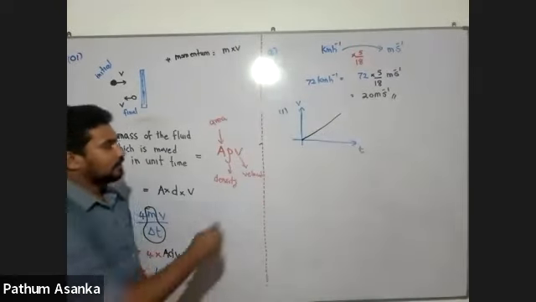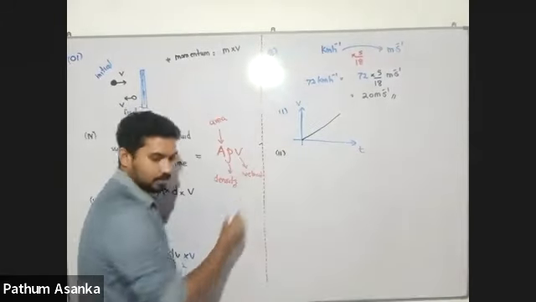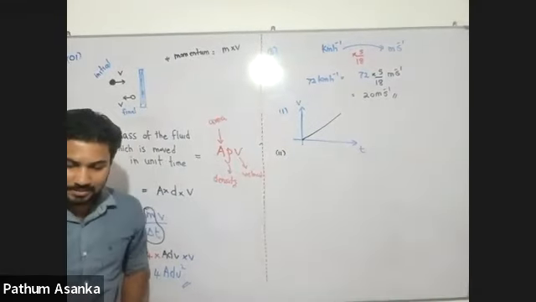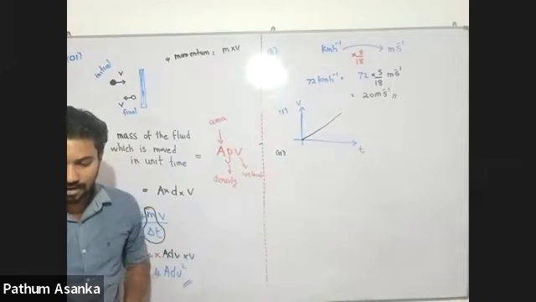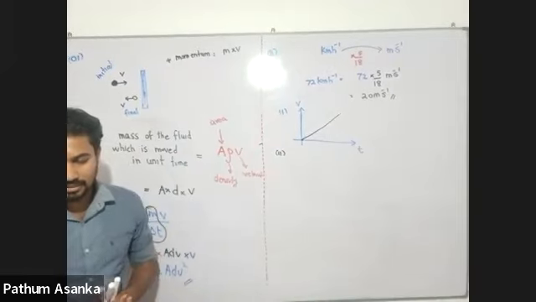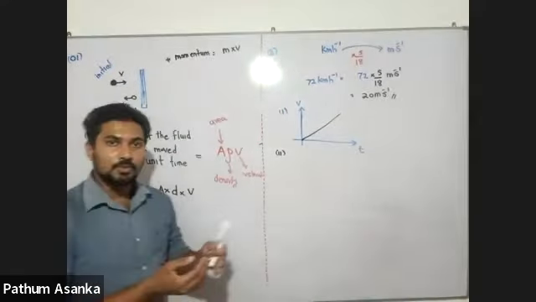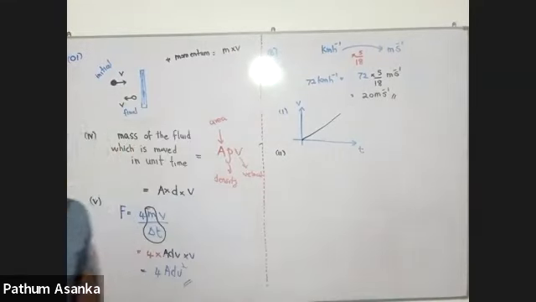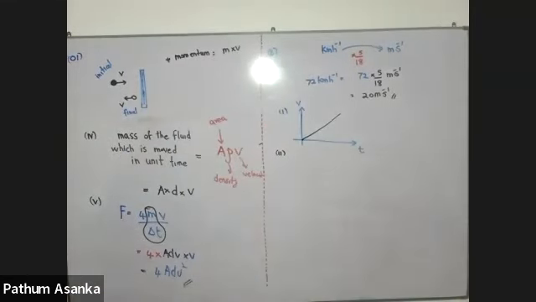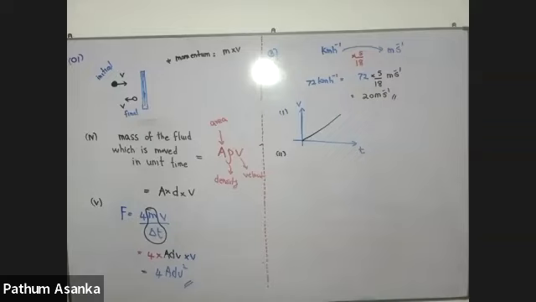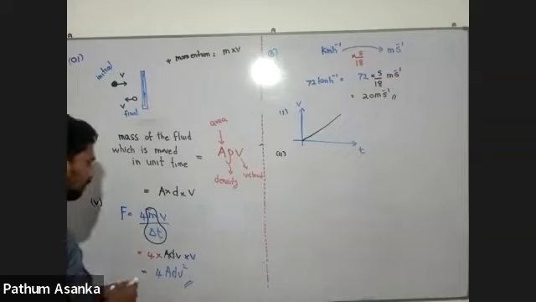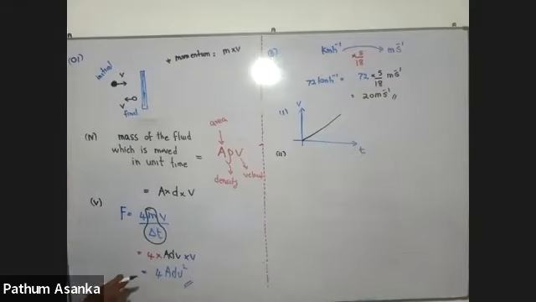Second one. Find the maximum mean drag force R acting on the car. Right. So we have previously obtained that. Now previously we have obtained that this is the force.